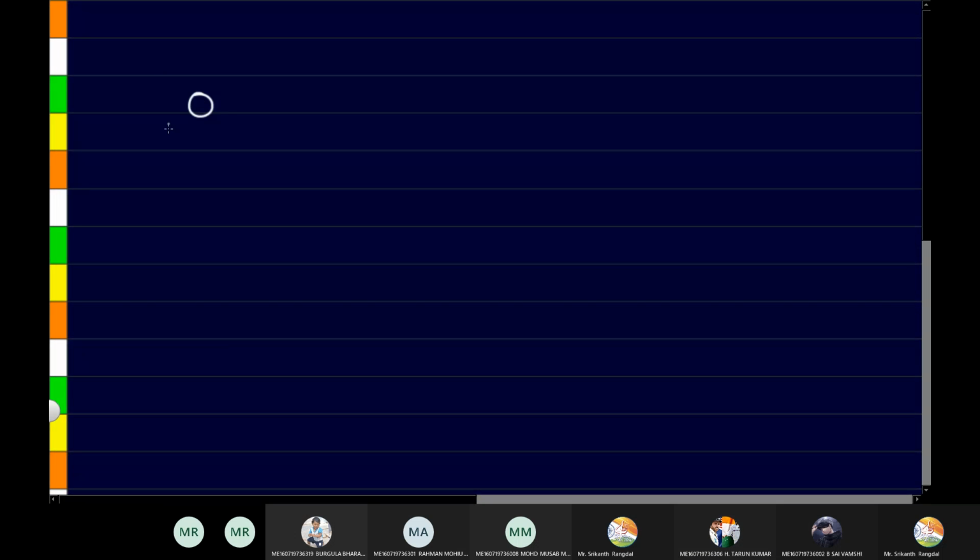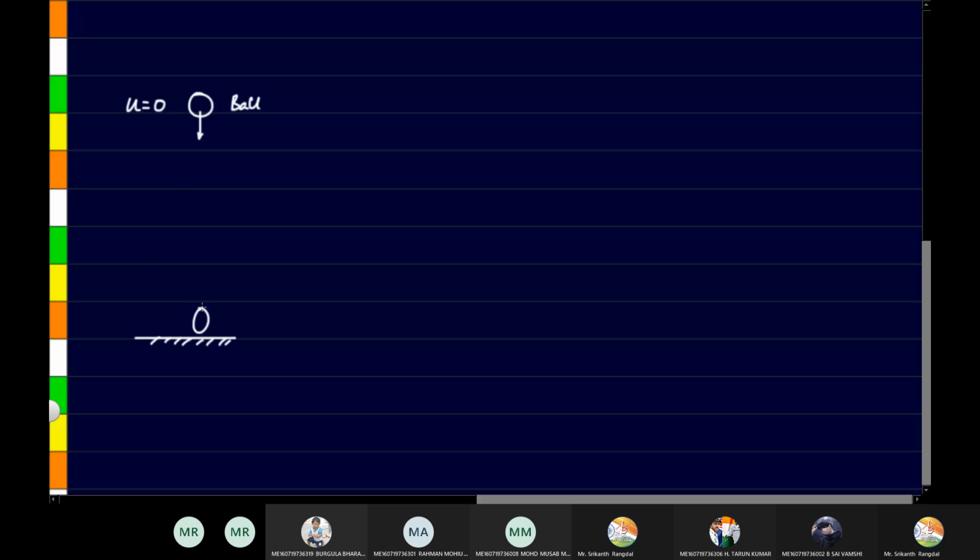Let us say you have a ball and you're just leaving it. You're not pushing it, so the initial velocity will be 0.